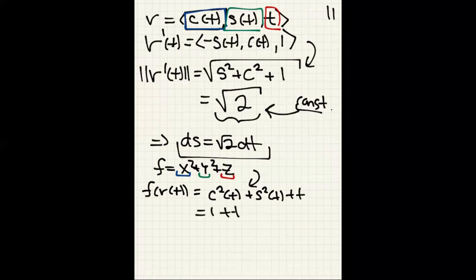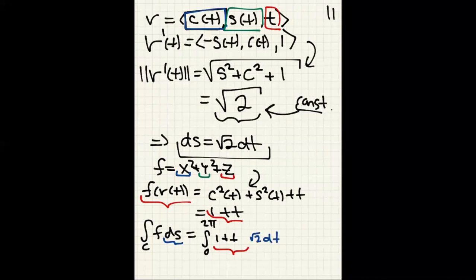So thus, we can do the integral of f along the curve c. I have my three pieces. We're going 0 to 2 pi. I've got my f, which is 1 plus t. And then I've got my ds, which is root 2 dt.